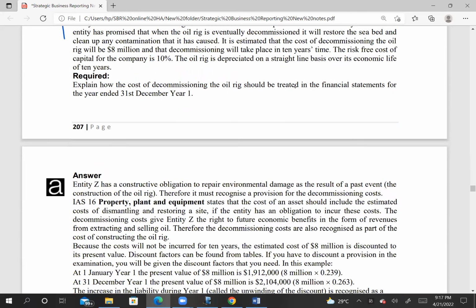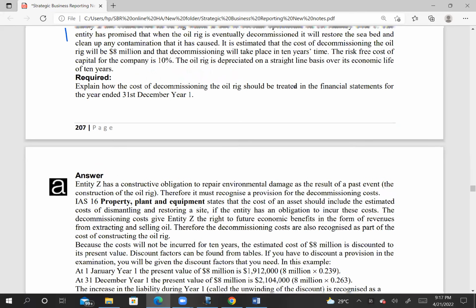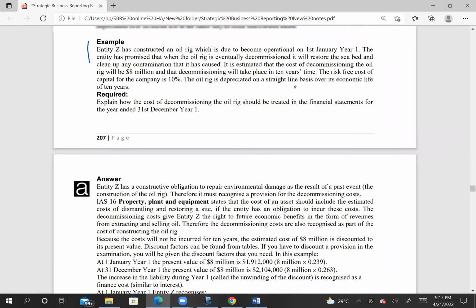Please read this case study. Entity Z has constructed an oil rig which is due to become operational on 1st January year 1. The entity has promised that when the oil rig is eventually decommissioned, it will restore the seabed and clean up any contamination that is caused.